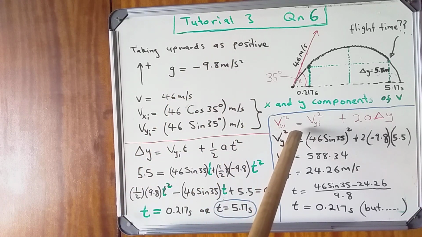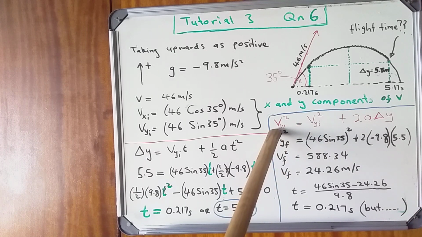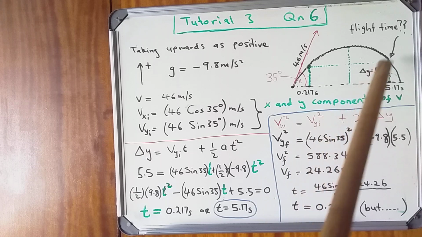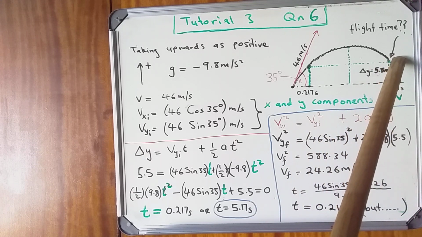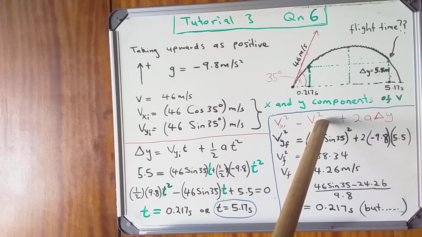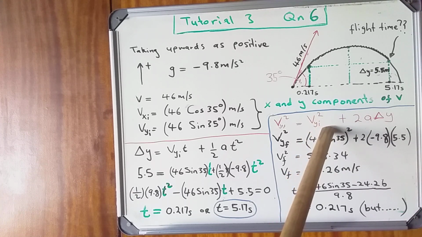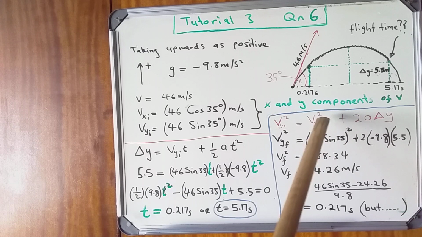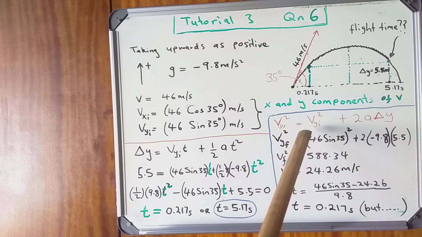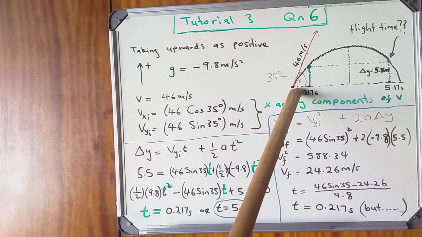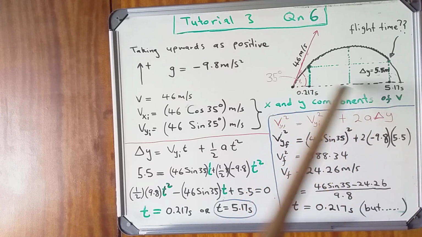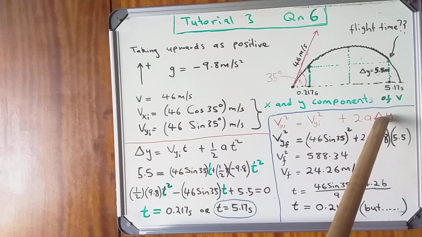So our final velocity in the y, which means vyf, okay, here the final velocity in the y is equal to the v initial in the y. So the final velocity in the y at this point squared is equal to the v initial in the y at that point squared plus 2 multiplied by a, which is that, multiplied by the change in what?